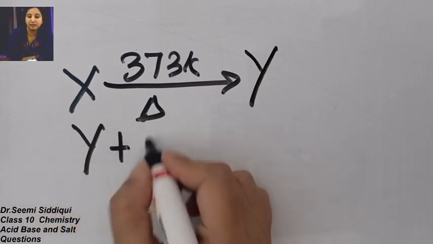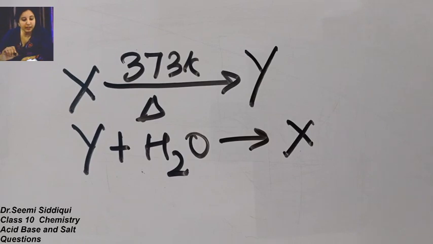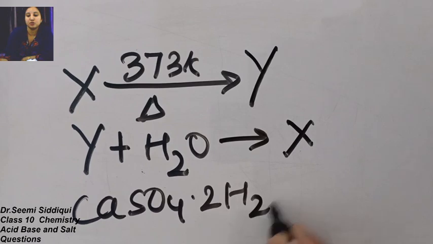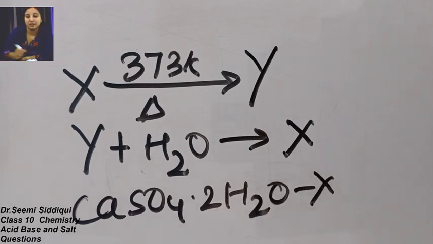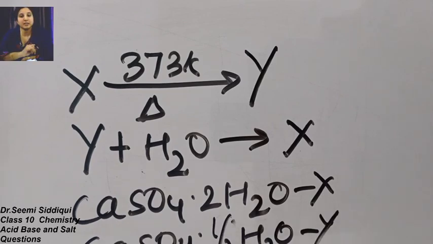Y on mixing with water gives X. Write the chemical reaction, identify X and Y. Today itself we have done this question. Here X is CaSO4 2H2O. This is your X, and CaSO4 half H2O is your Y, isn't it? Now this particular reaction you will write yourself. In today's lecture I have done this question. Clear?